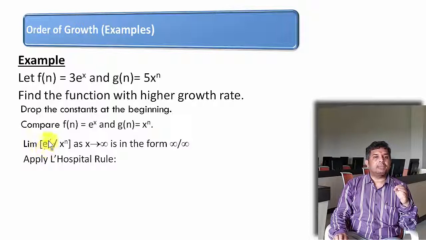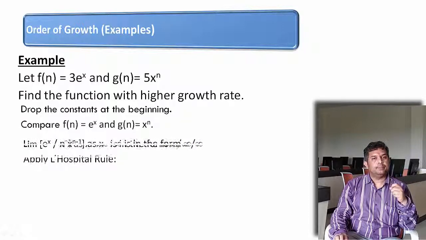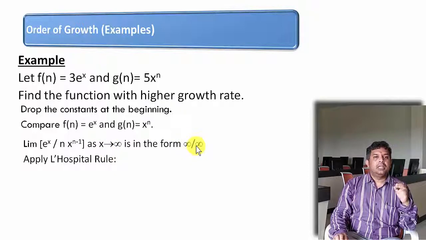Limit of e to the power x by x to the power n as x tends to infinity. It is in infinity by infinity form, so we are going to apply L'Hospital's rule. The differentiation of e to the power x is the same, e to the power x, and the differentiation of x to the power n is n x to the power n minus 1. Now again it is in infinity by infinity form as x tends to infinity. Again apply L'Hospital's rule.